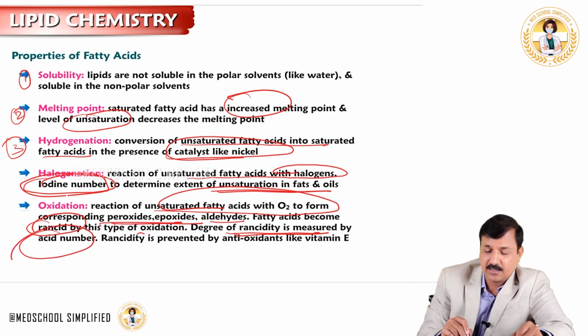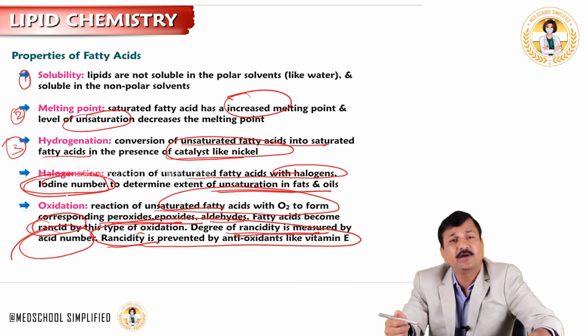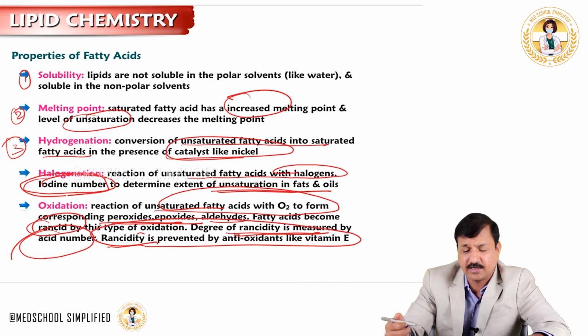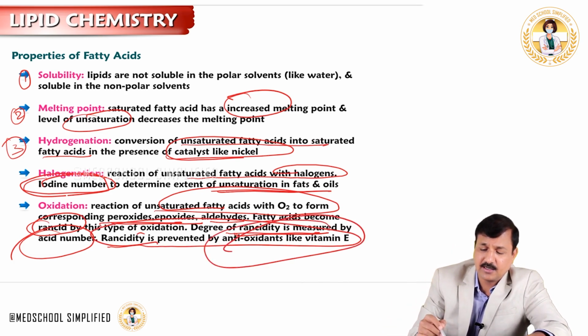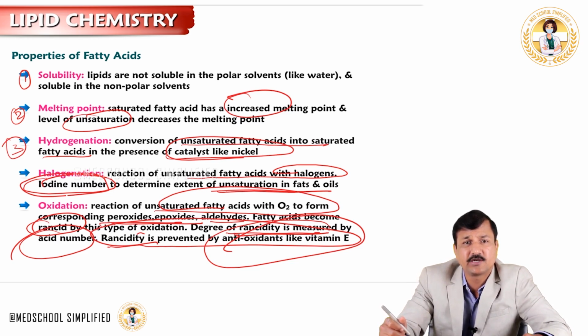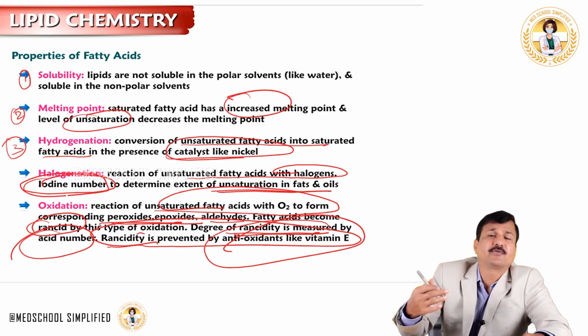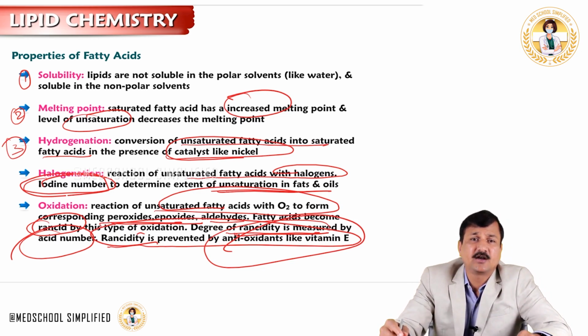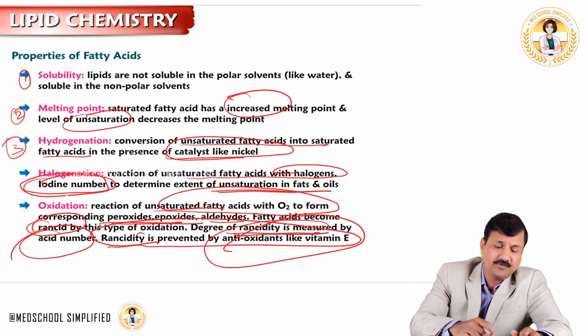That means the higher the acid number, the higher the rancidity. And how do you prevent rancidity or oxidation of fatty acid? It can be done by antioxidants like vitamin E. So the higher the levels of vitamin E in the oil, the more it will prevent rancidity or oxidation of unsaturated fatty acids.